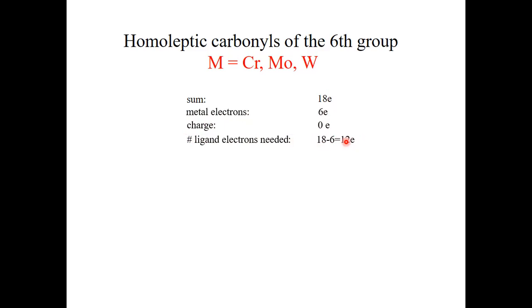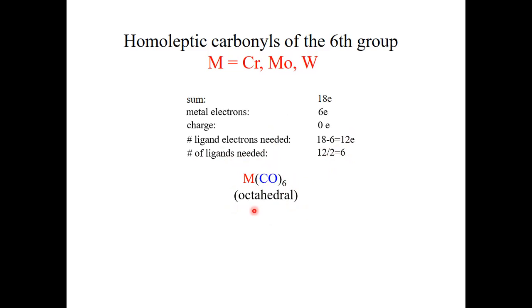So we consider here the carbonyl as a 2-electron donor, and therefore the number of ligands needed is just, well, the 12 electrons divided by 2, this is 6. So this is why we would expect a hexacarbonyl of the composition M(CO)6. Such a carbonyl should be an 18-electron complex and thus be stable.